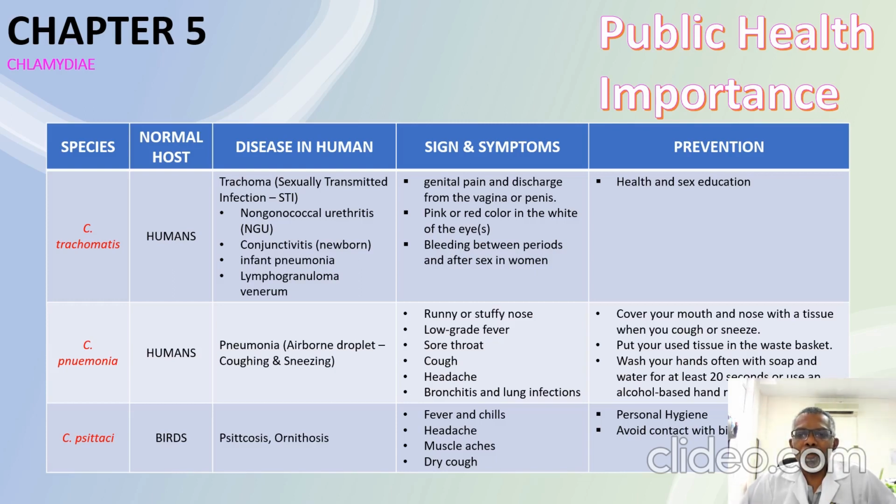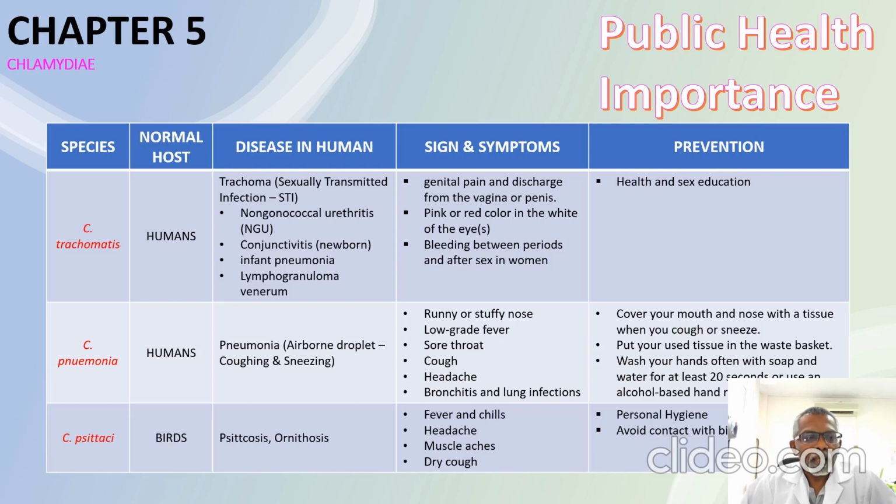So basically your prevention will be to follow certain procedures like cover your mouth and nose with a tissue when you cough or sneeze. Put your used tissue in the waste basket. Wash your hands often with soap and water for at least 20 seconds. Okay. These prevention procedures are more or less like what the SOP is for COVID-19.